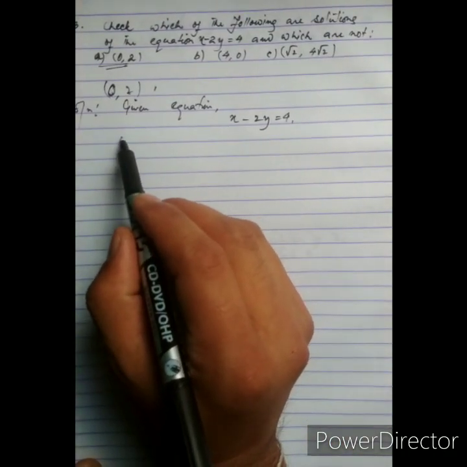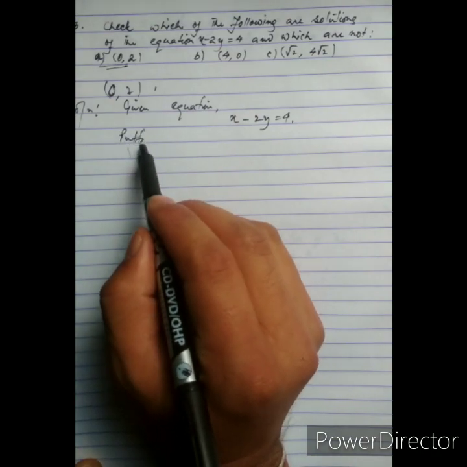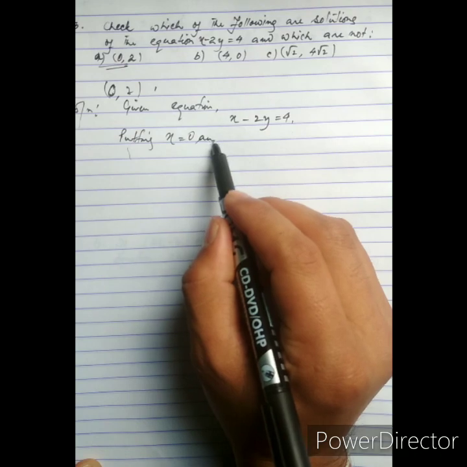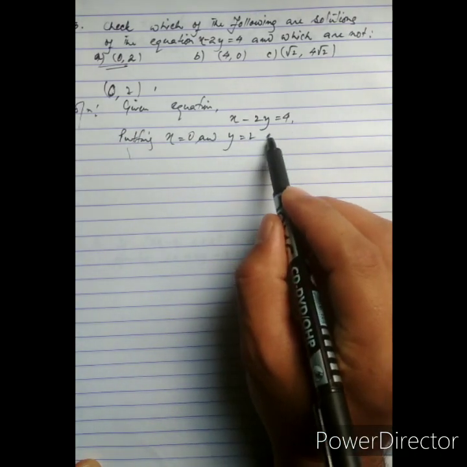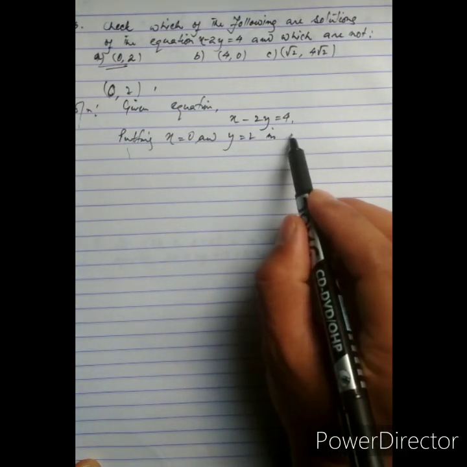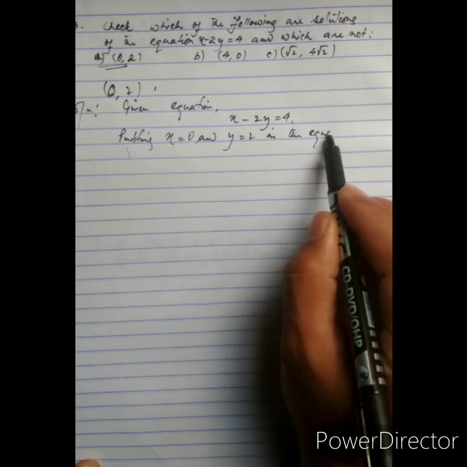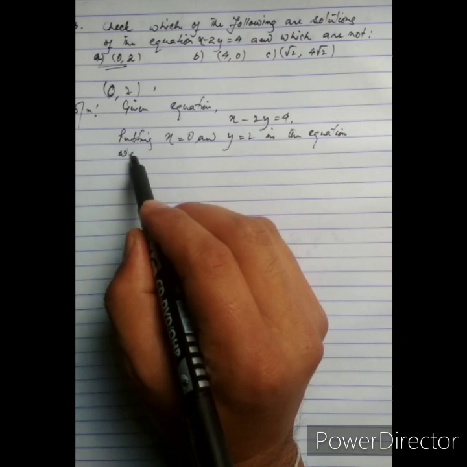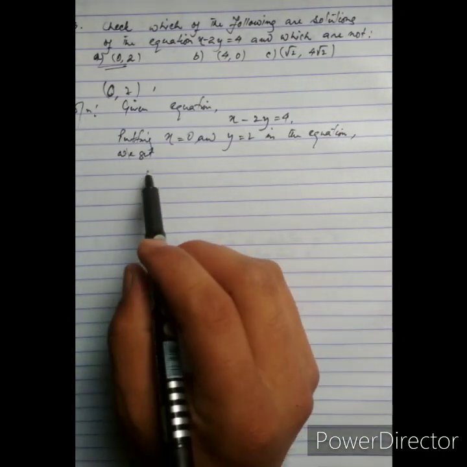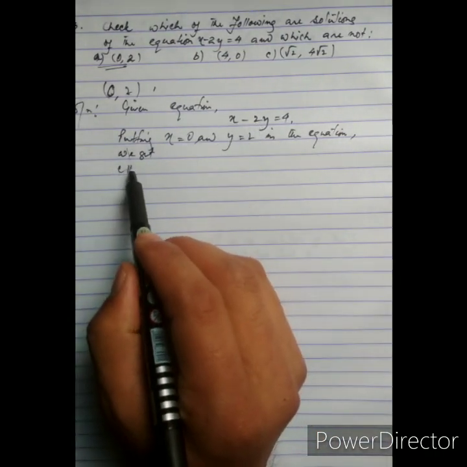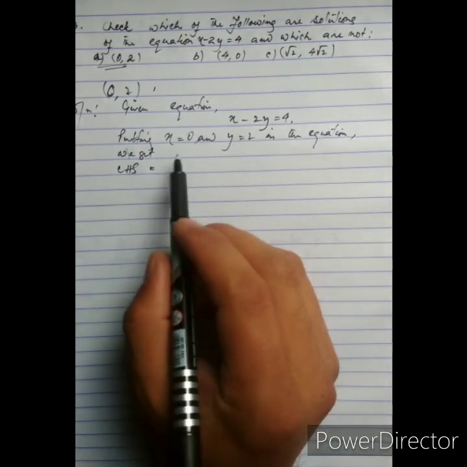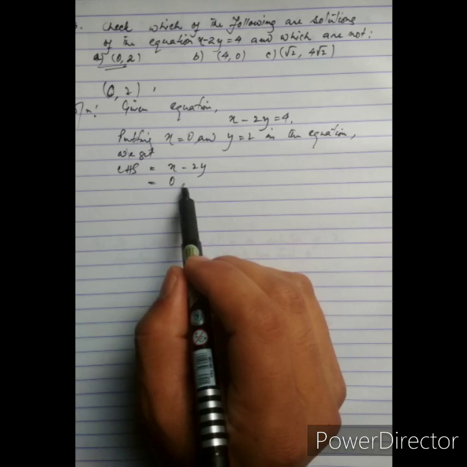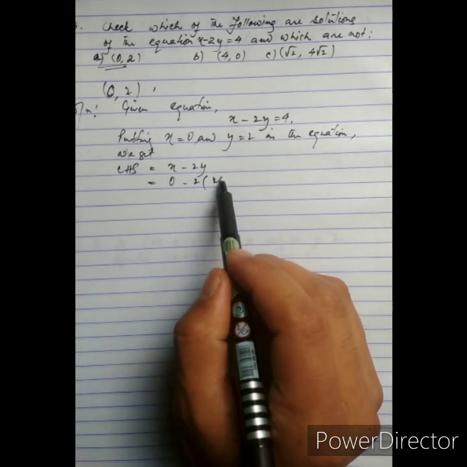So putting x equal to 0 and y equal to 2 in the equation, we get. So first I'll take the left hand side. Left hand side means here x minus twice y. x is 0, 2, then y is 2.